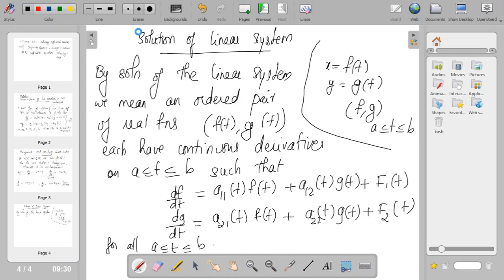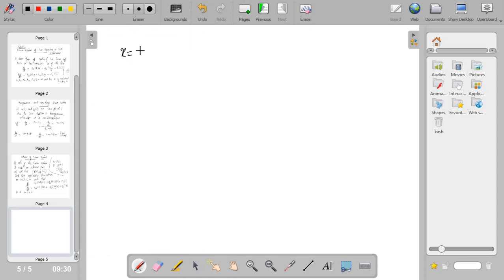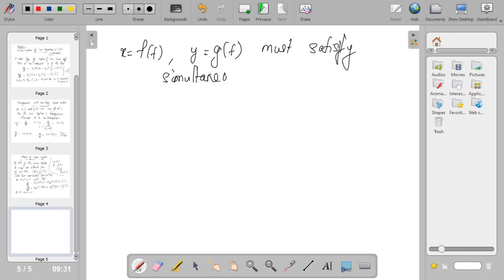So x equal to f of t and y equal to g of t must satisfy both the equations simultaneously. It is not enough to satisfy just one equation, it must satisfy both the equations of the linear system.